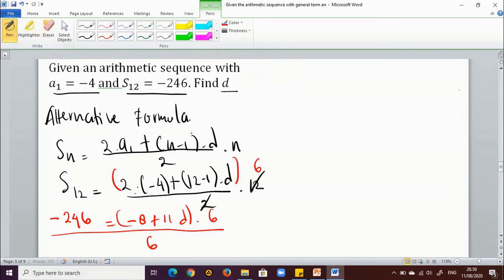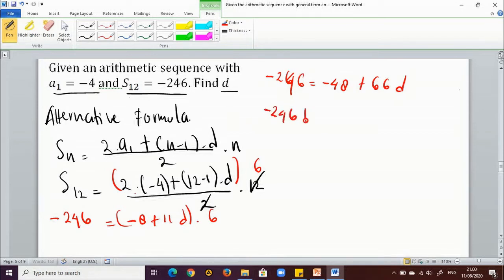So we cancel this one. So in here, minus 246 equal minus 48 plus 66d, right? So in here, minus 246 plus 48 is equal minus 198 equal 66d.